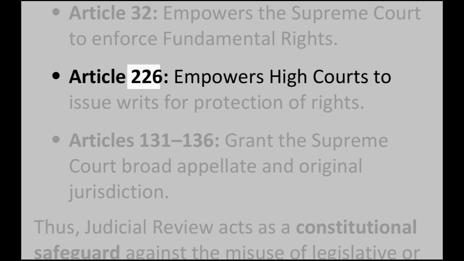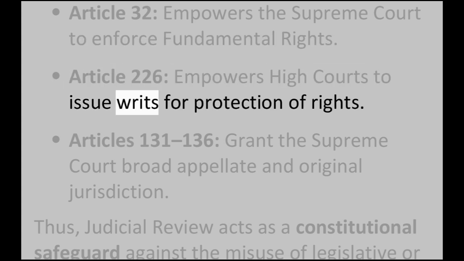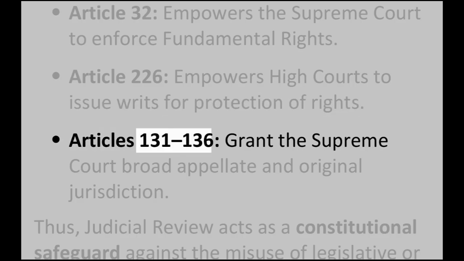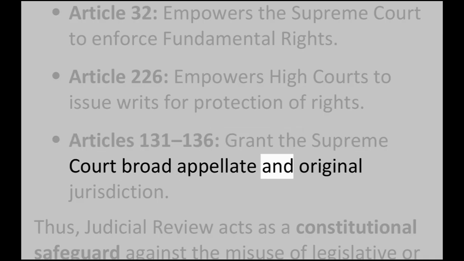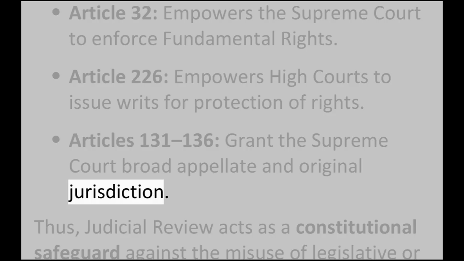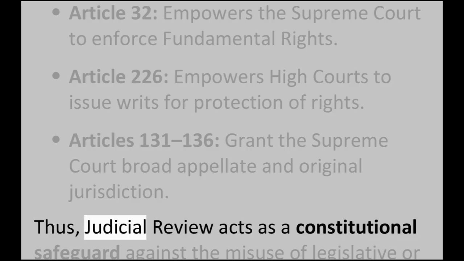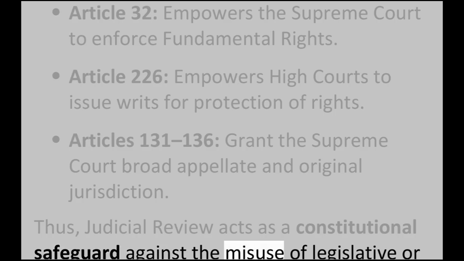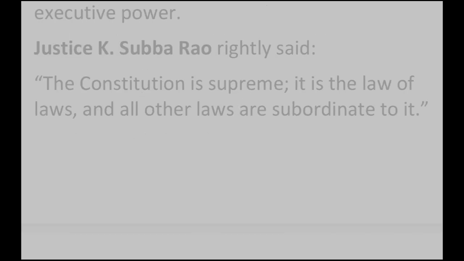Article 226 empowers High Courts to issue writs for protection of rights. Articles 131 to 136 grant the Supreme Court broad appellate and original jurisdiction. Thus, judicial review acts as a constitutional safeguard against the misuse of legislative or executive power.